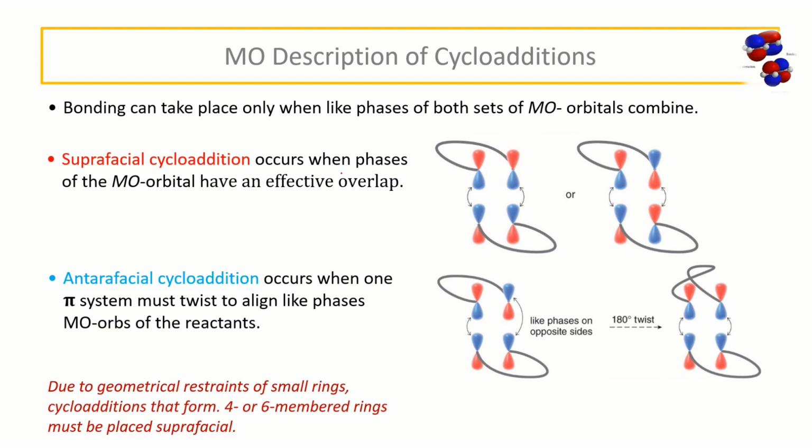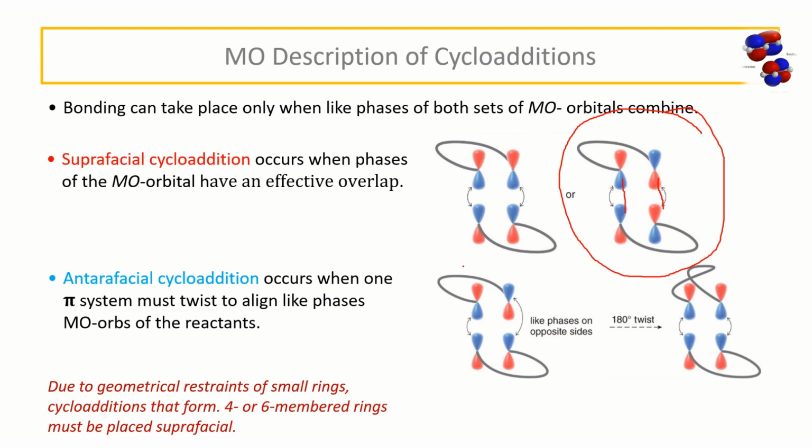Realize that this is called a suprafacial addition, because in the ground state we did nothing except let the click happen, because the symmetries aligned, symmetry allowed.